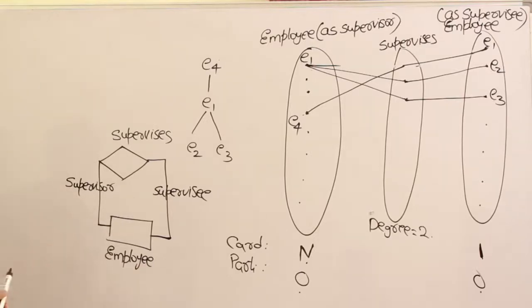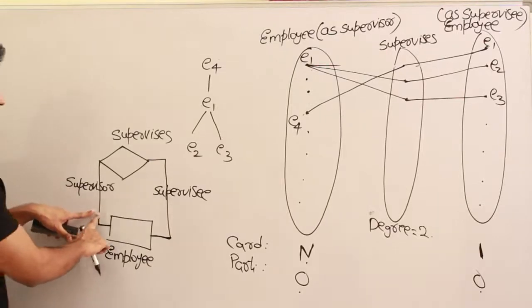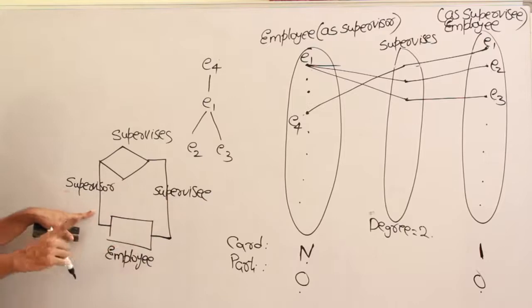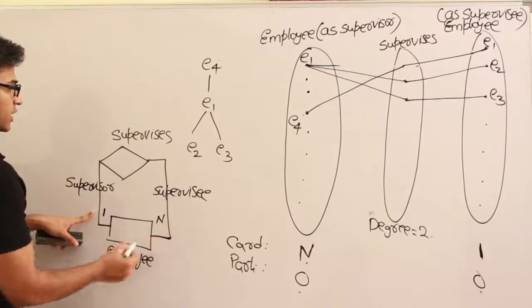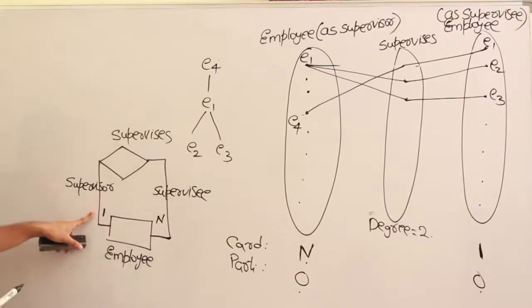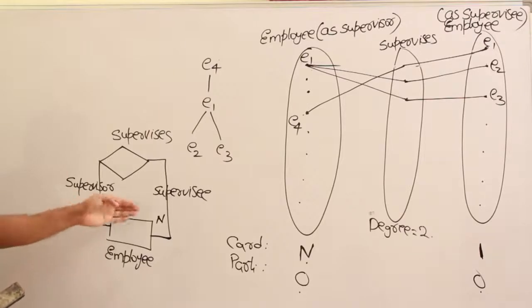What about the cardinality? We have seen that from supervisor to supervisee, it is a one to many relationship, right? Therefore here I am going to write 1 and here I am going to write n. It means that a supervisor can have many supervisees, so it is a one to many relationship.